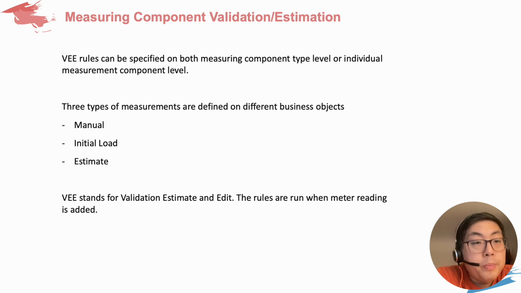These rules will be run based on the measurement type, either it's a manual, initial load, or estimate. So you can define different rules to be run at different points. Especially for estimation rules, they will be different from the validation rules, obviously.